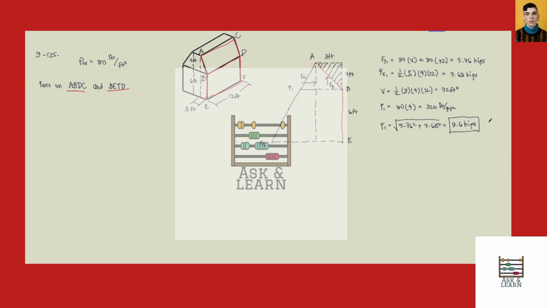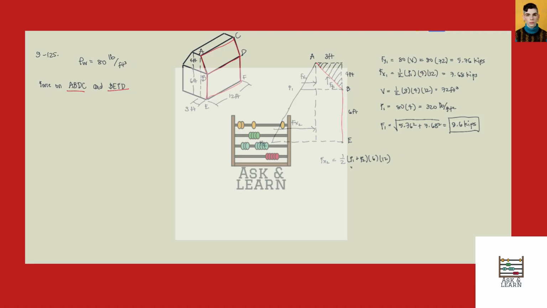And for BEFD, we have this horizontal hydrostatic force on it. Let's call it Fx2. So our Fx2 is equal to 1/2 of pressure 1 plus pressure 2 multiplied by 6 times 12.